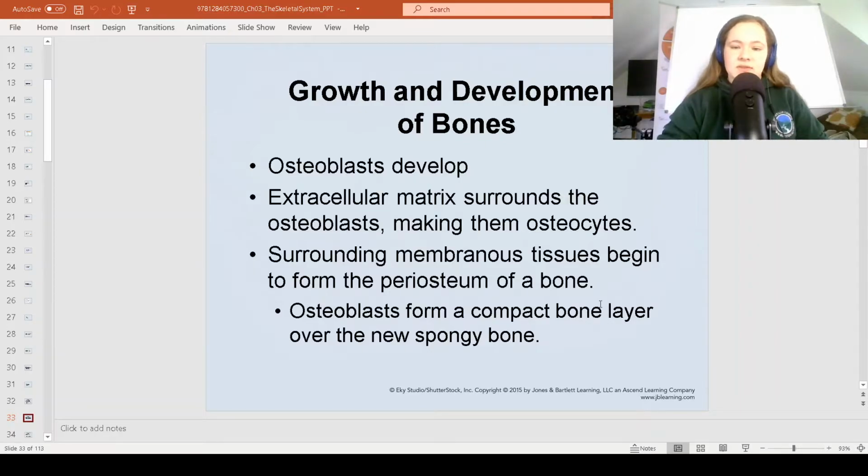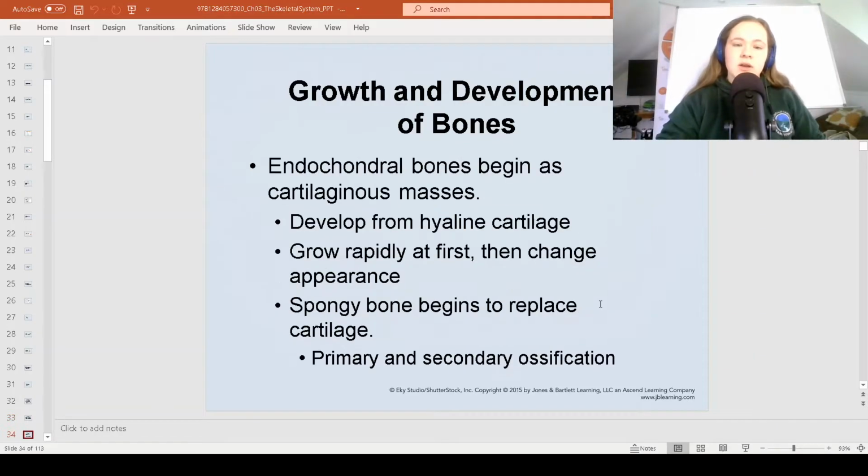Extracellular matrix surrounds the osteoblasts, making them osteocytes, and the surrounding membrane tissue begins to form the periosteum of the bone. Osteoblasts form a compact bone layer over the new spongy bone, and endochondral bones begin as cartilaginous masses. They develop from hyaline cartilage. They grow rapidly at first and then change appearance.